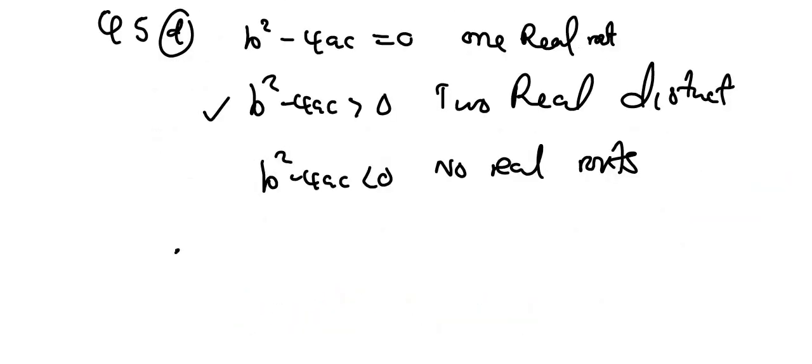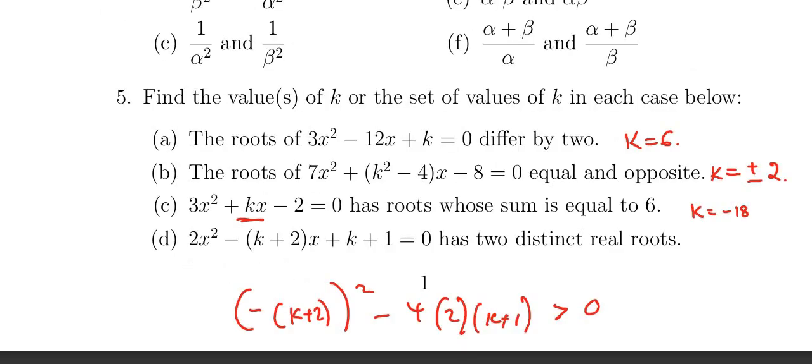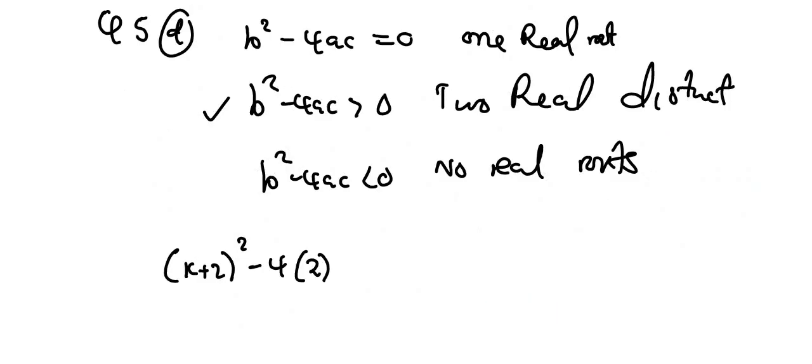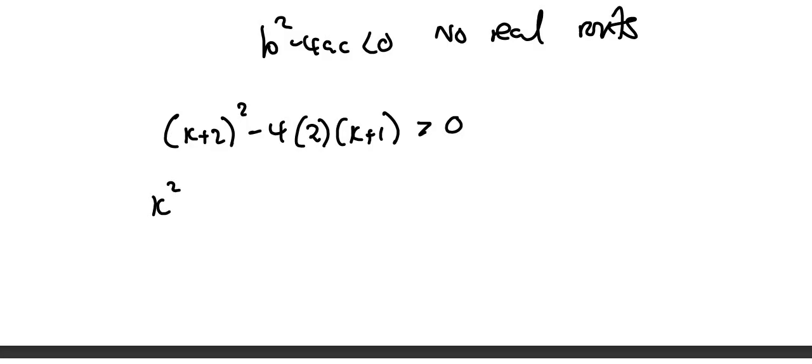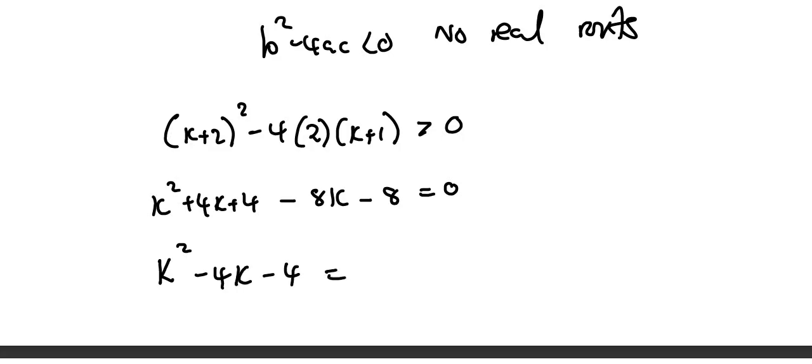So this now can be written as k plus 2 squared minus 4 times 2 times k plus 1, greater than 0. This will be k squared plus 4k, then plus 4, minus 8k, then minus 8. We equate it first to 0. So this is going to be k squared minus 4k, then minus 4 is equal to 0.